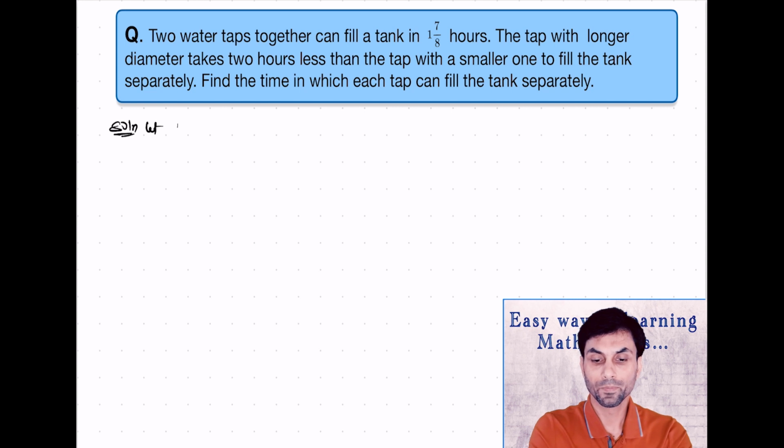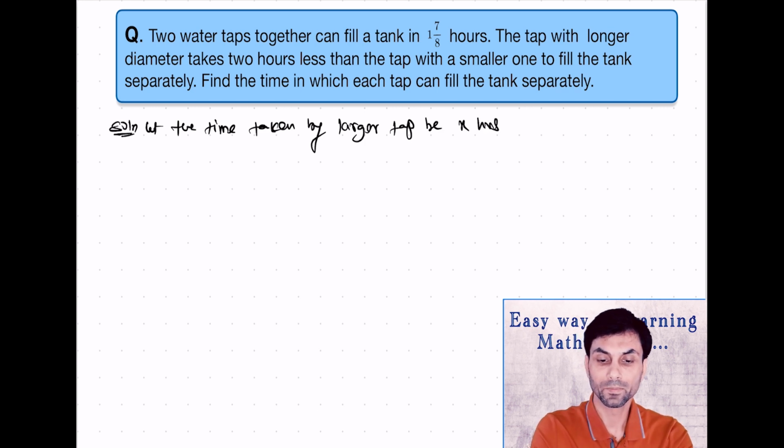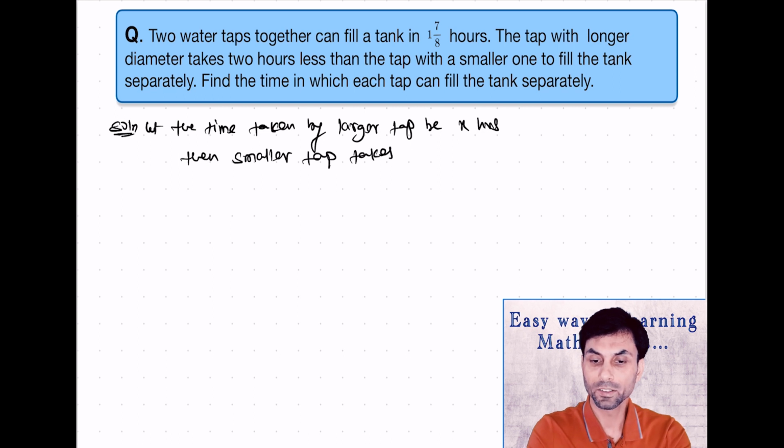So let the time taken by the larger tap be x hours, then the smaller tap takes x plus 2 hours.